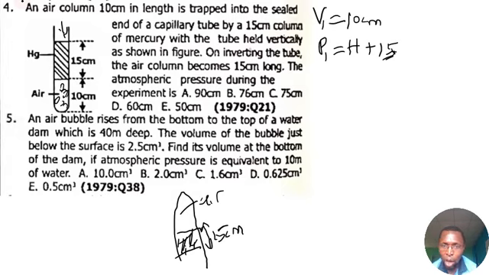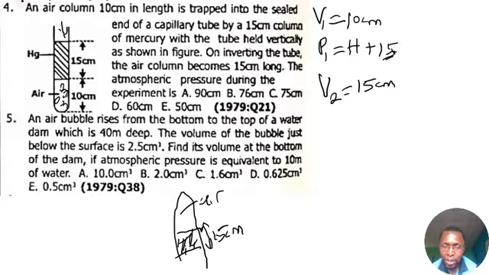So our V2 now becomes 15 centimeters according to the statement: on inverting the tube, the air column becomes 15 centimeters. Now, the atmospheric pressure during the experiment is what? You have to find the atmospheric pressure.